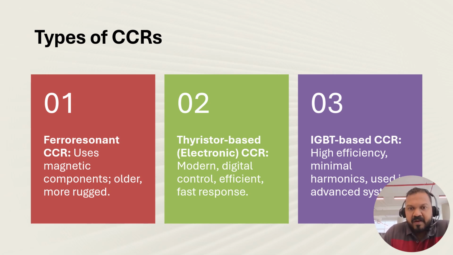Thyristor based CCR is modern, with digital control, efficient and fast response. IGBT based CCR also has high efficiency, maintains harmonics, and is used in advanced systems. So here we integrate the system with the IGBT, the insulated gate bipolar transistor, and the second type is thyristor based. Overall, both the thyristor and the transistor control voltage and current.